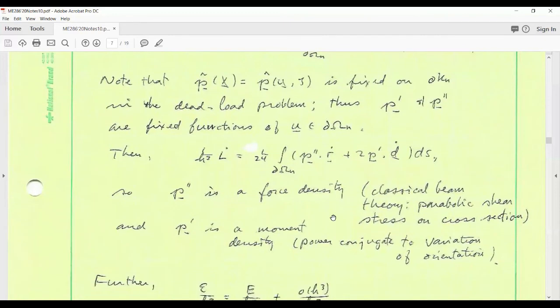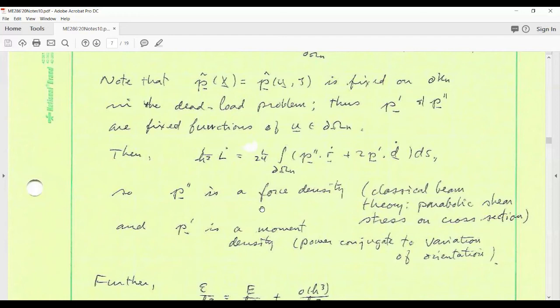And in elementary beam theory, maybe you remember that the shear traction on a cross-section is parabolic, a parabolic distribution through the thickness, right? And a parabola is determined by the second derivative with respect to the through-thickness coordinate at any point, let's say on the midplane. So this p double prime plays a role analogous to that. It accounts for the classical parabolic shear stress distribution on a cross-section in the analogous beam problem.